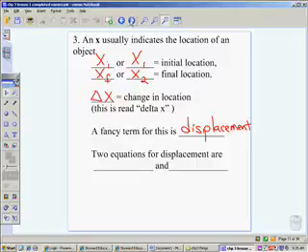And the way that we find this is either x sub f minus x sub i or x sub 2 minus x sub 1. Now, these two equations are saying the exact same thing, it's just that I have different subscripts. Whenever you have a delta variable, it's always the final value minus the initial value.